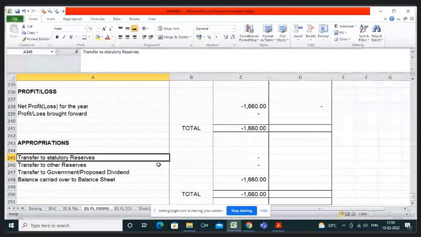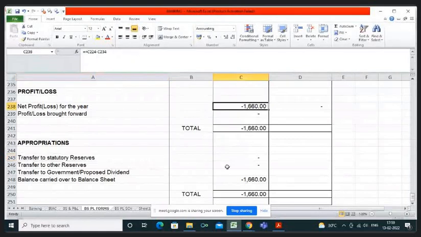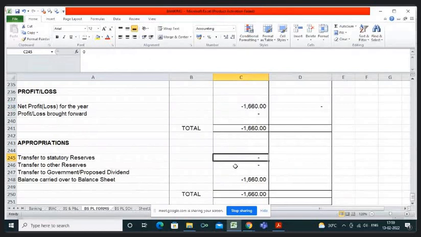Are we making any profit for the year? No. This year there is no net profit. Net profit is 0. So appropriation to statutory reserve will also be 0. Other reserves also 0. Then what will be the balance that should be carried over to the balance sheet? It will be an amount of 1660.